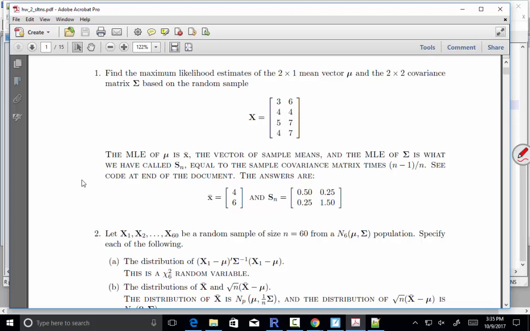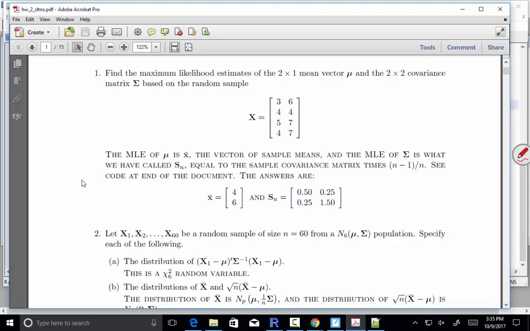Number 1 was compute the maximum likelihood estimates for a sample data set. Really simple toy data set. N is equal to 4, P is equal to 2. The MLEs, maximum likelihood estimators, are X bar, the sample mean vector, and what we've called in the notes S sub n.